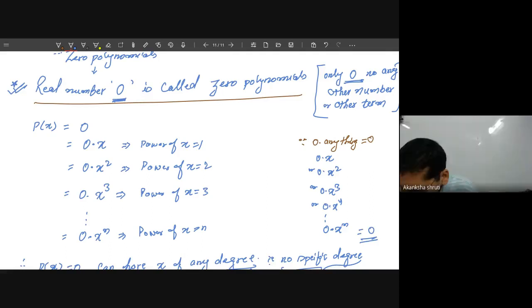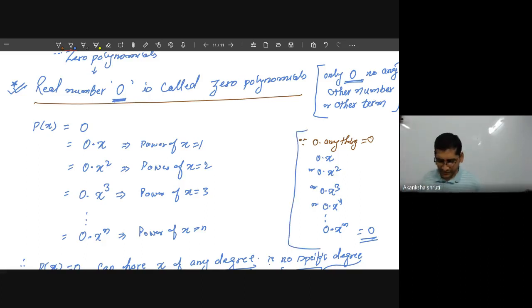This means the power of x is not specific when the coefficient is 0. The power cannot be defined, so we cannot say anything about the degree of x or the degree of this polynomial. Then we say it is not defined.